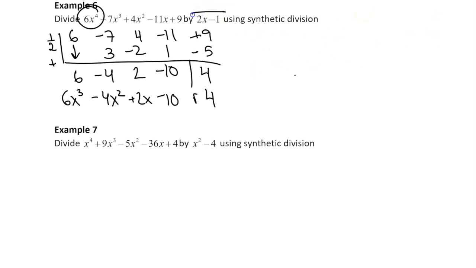The 2x minus 1, if you have a leading coefficient like we do right here, we have to divide by the leading coefficient at the end.